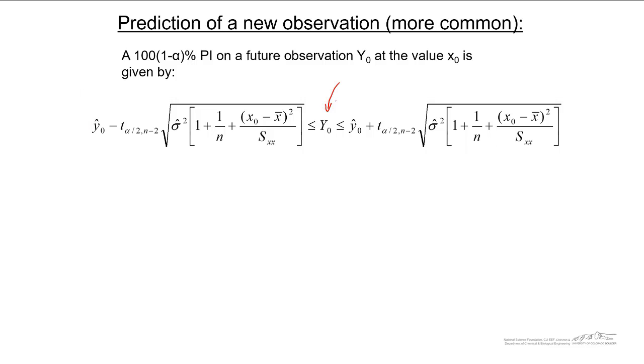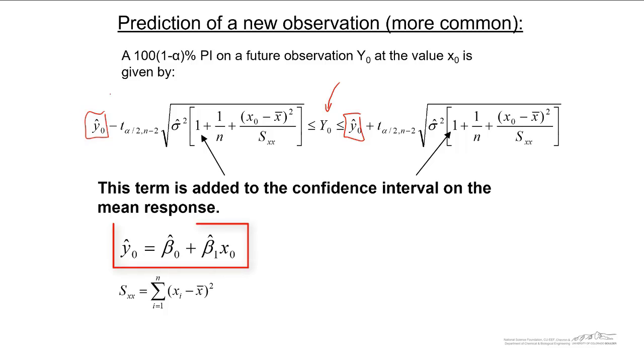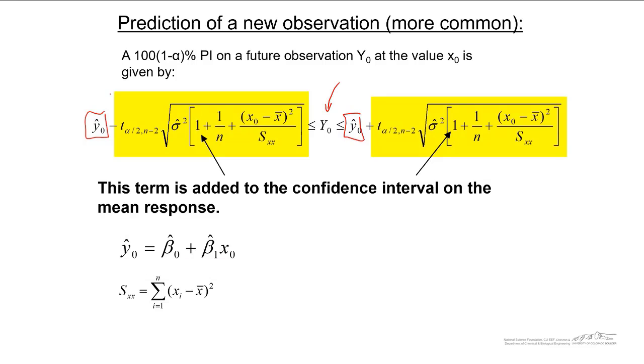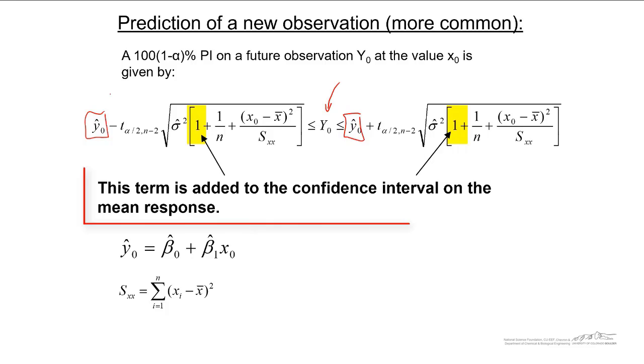Our prediction interval on a future observation is centered about the prediction, the estimate. The estimate can be obtained by this formula down here, where we're just taking our x naught, the independent variable, and plugging it into the line equation. And we're subtracting or adding a half interval given in this equation. The difference between this and a confidence interval on the mean response is that now we have a 1 added inside of our standard error.